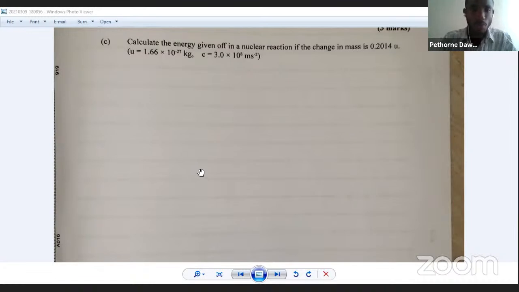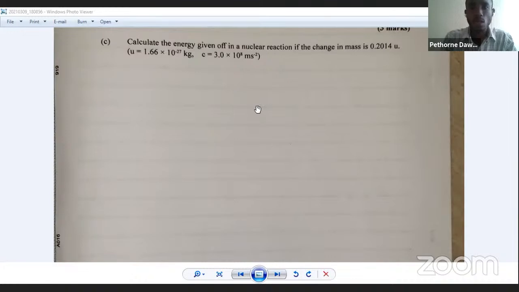So remember, we multiply the U value by 1.66 times 10 to the negative 27 kilograms, and then whatever mass we get, which was 10 to the negative 28, we multiply that by the square of the speed of light, and we get a value of 3.0 times 10 to the negative 11 joules.